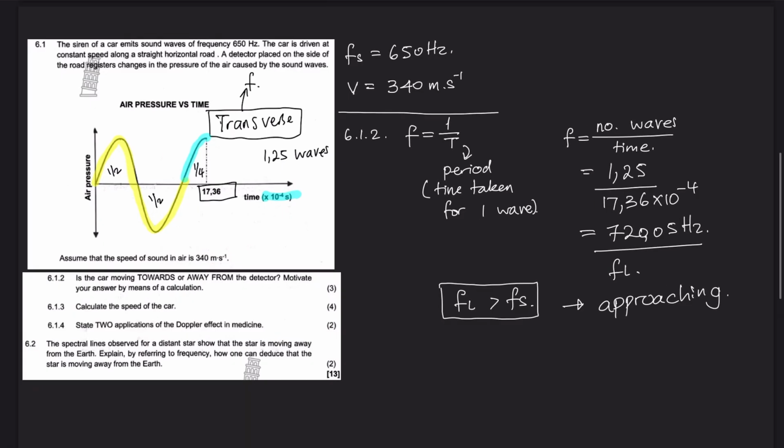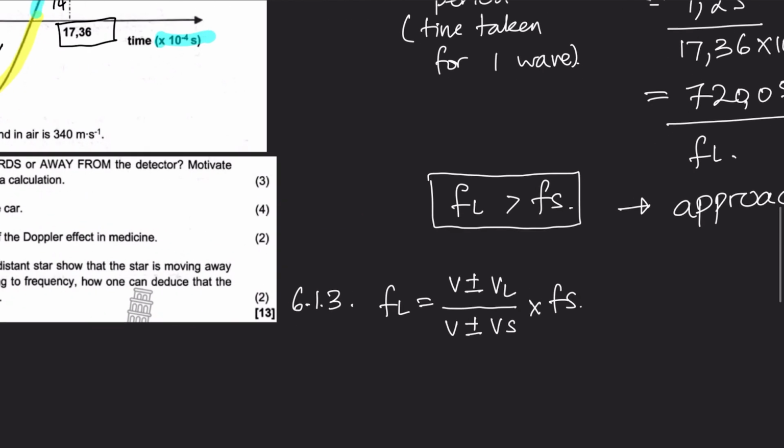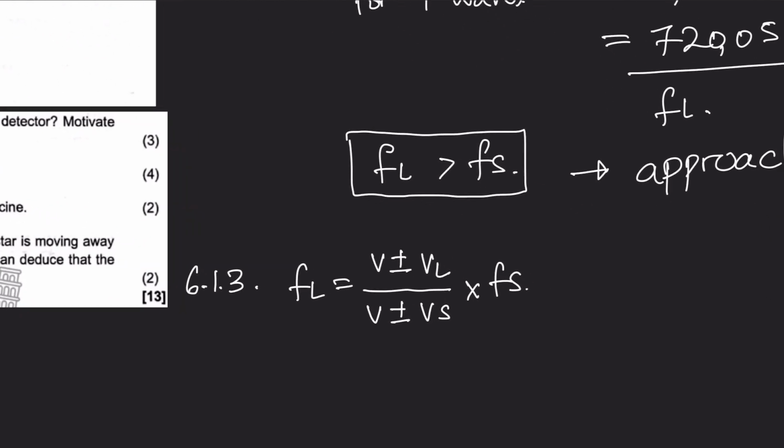Okay. Next question, 6.1.3. Calculate the speed of the car. We always start off by writing your formula. FL is equal to V plus minus VL divided by V plus minus Vs multiplied by Fs. Always write the formula as is given to you. Now we need to decide whether we're going to use plus or minus in the numerator and denominator.